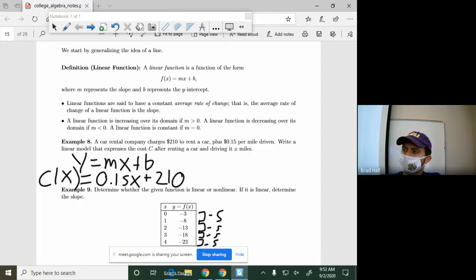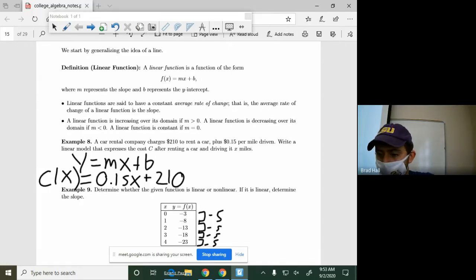It's a very interesting pattern. The rate of change, or the change in the y values, is constant. That is a linear trend. Because they are all -5, that means the average rate of change for them is the same. But we've already said that the average rate of change is the slope.